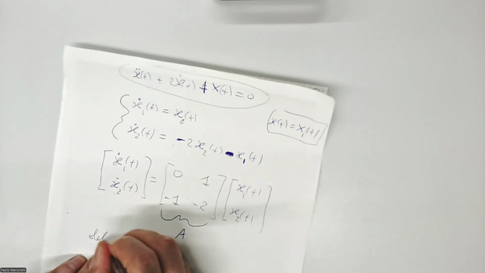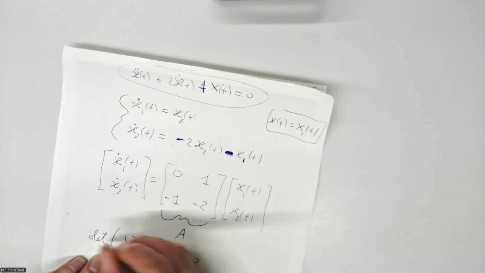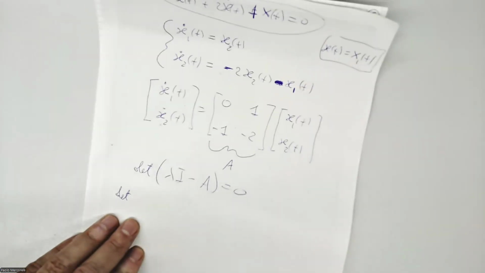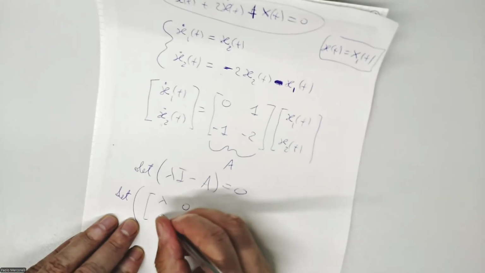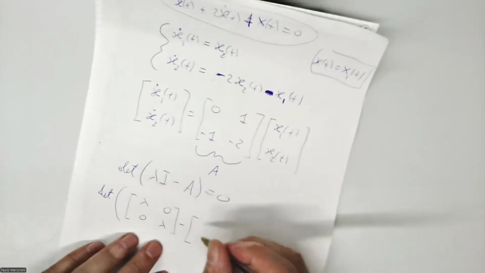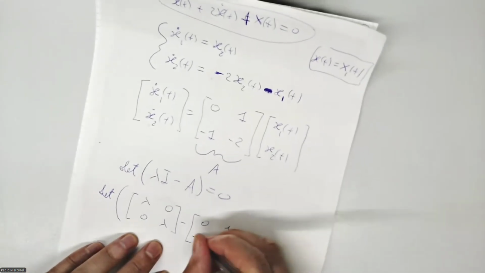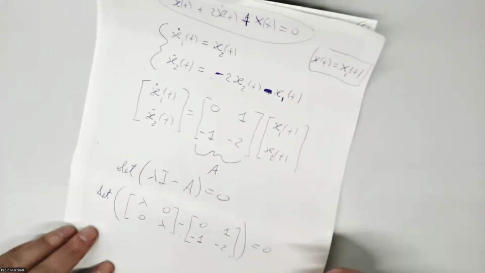Now, the determinant of lambda I minus A, I told you a lot about this, no? This means the determinant of lambda 0, 0, lambda minus 0, 1, -1, -2 equals 0.